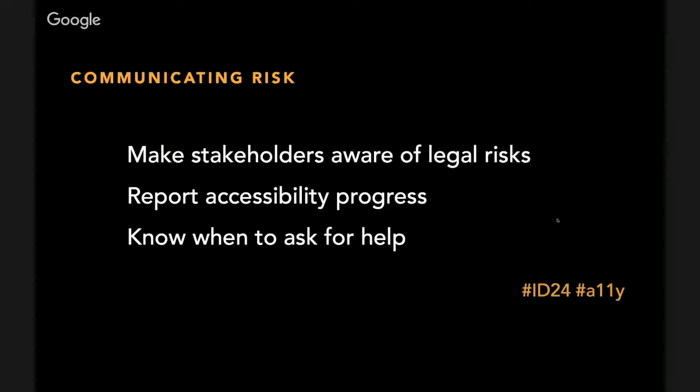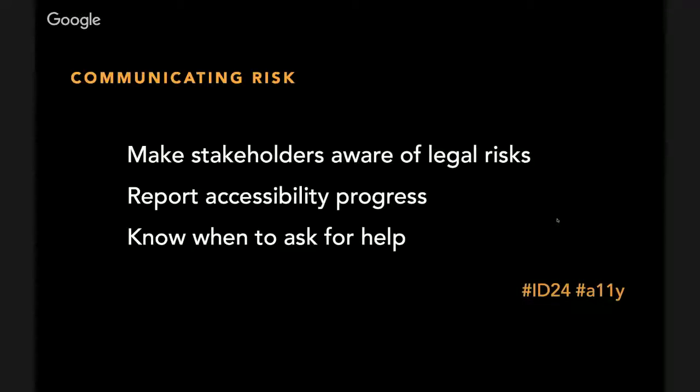If you feel like you're over your head as a PM in terms of accessibility, and sometimes that can certainly happen, just be aware of that. When you're feeling like things are a little beyond the scope of your knowledge or experience for accessibility, you can ask for help.